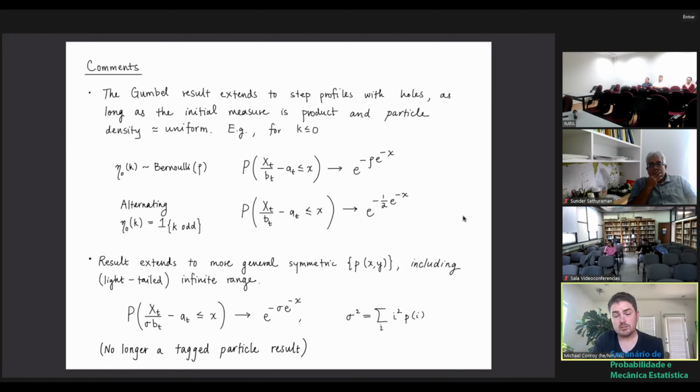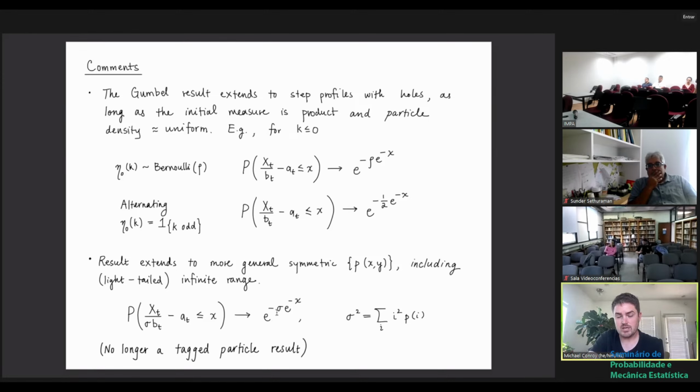The result is also true for more general symmetric jump probabilities. They don't need to be nearest neighbor. They can even be infinite range. So we assume a finite moment generating function for some positive value. And the way the result changes there is we scale by the standard deviation of the random walk jump probabilities.